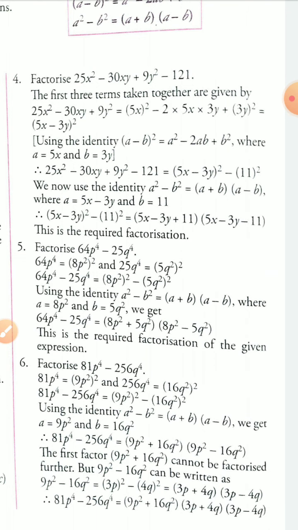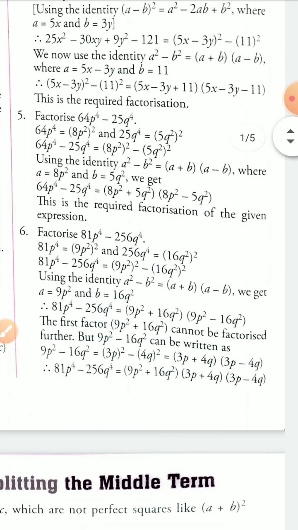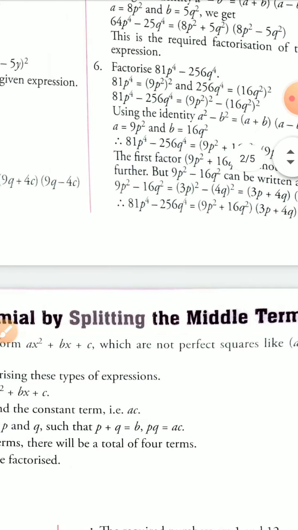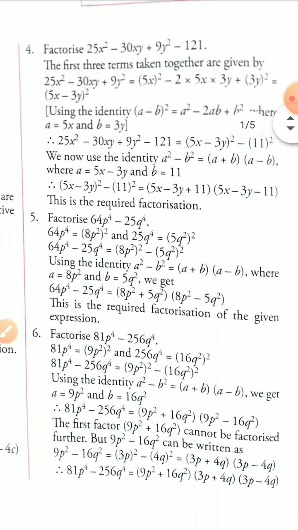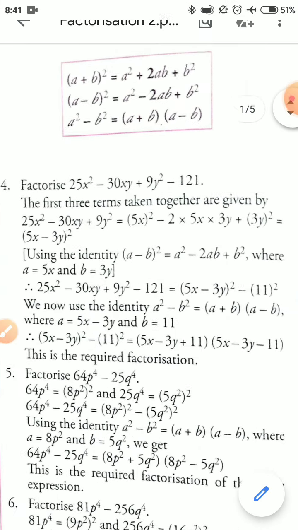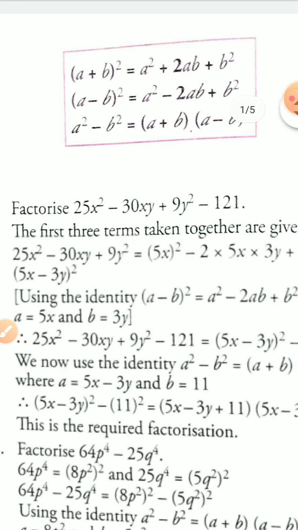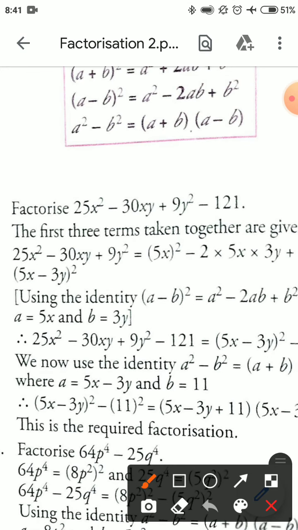Let's suppose that in some questions you cannot find the square root of any given number, just try to divide it by the number 2 or 3, right? Let us take question number 4. Here we are given that we have to factorize 25x square minus 30xy plus 9y square minus 121.